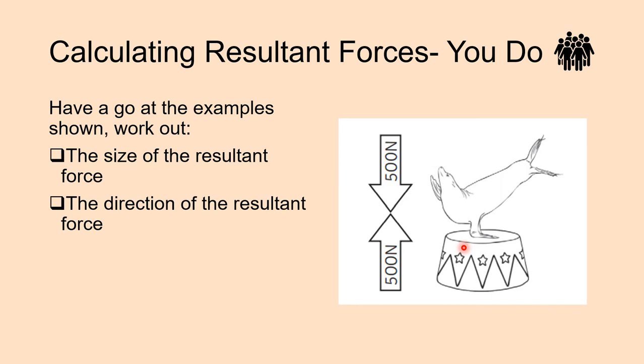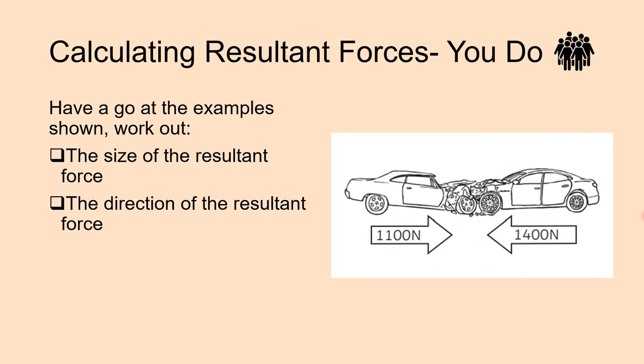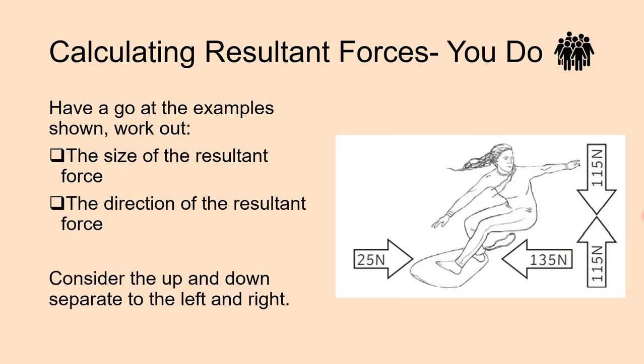Okay, there are some examples on the next few slides. Pause them at each one and tell me the size of the resultant force and the direction of the resultant force. Here is the first one. Here is the second one. This one's a bit trickier.